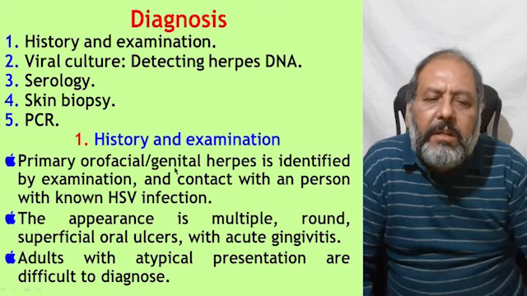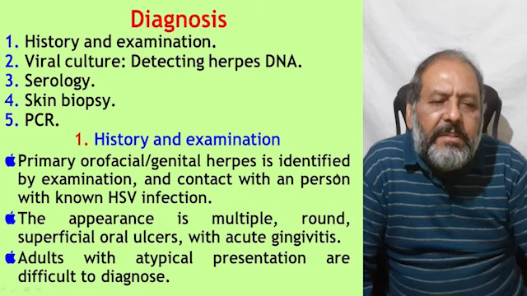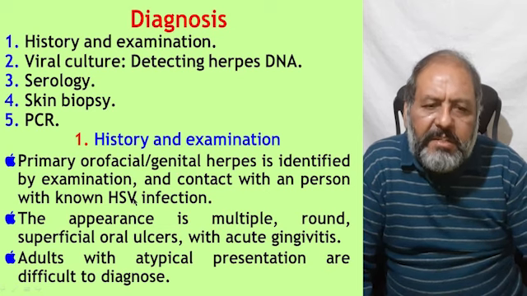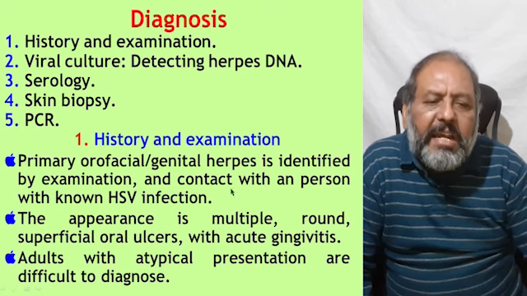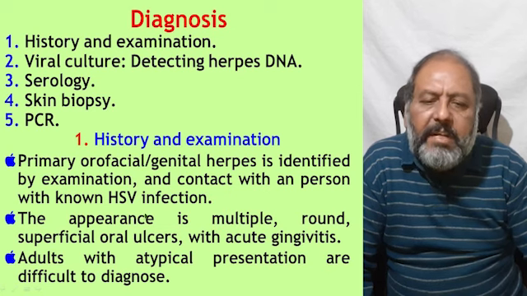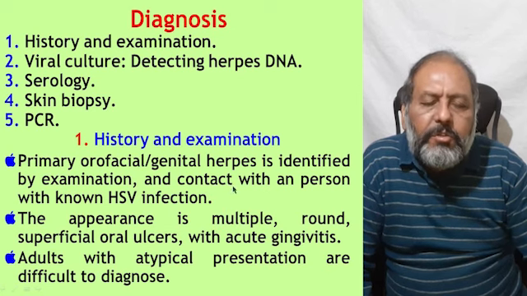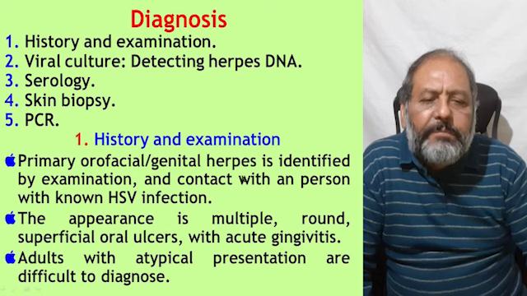Number 1 is the history and examination. Primary orofacial or genital herpes is identified by the examination and contact with a person with known HSV infection. So the history also gives some clue.